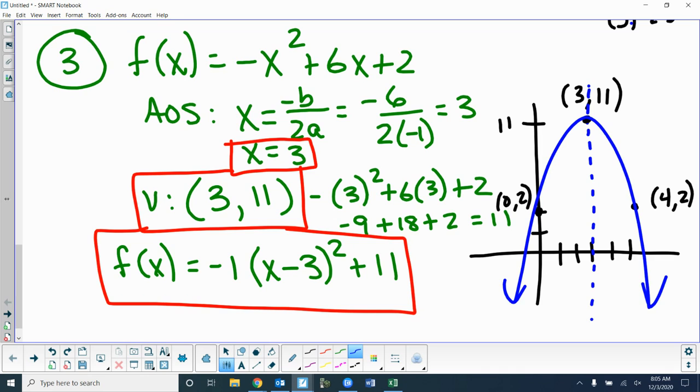Does that make sense? Should be 5-2? Yeah, it should be 5-2. We should be over 3, shouldn't we? My bad. Thanks. Good teamwork.